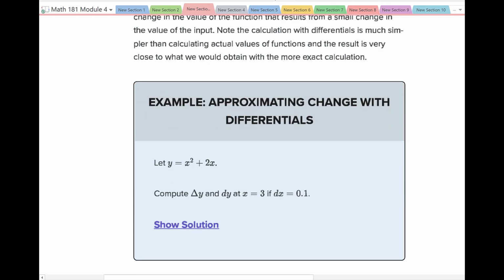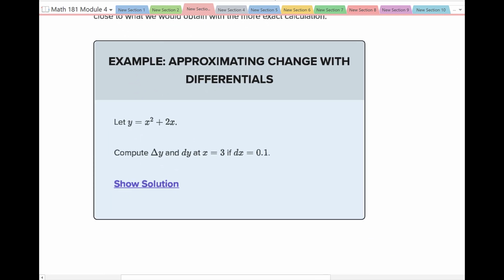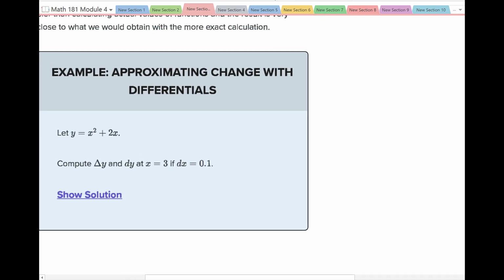Okay. So for the next one, we're going to calculate both the delta y and the dy. So our y equals x squared plus 2x. We saw this earlier. And the delta y for this is going to be f of 3 plus the 0.1, so 3.1 minus f of 3.